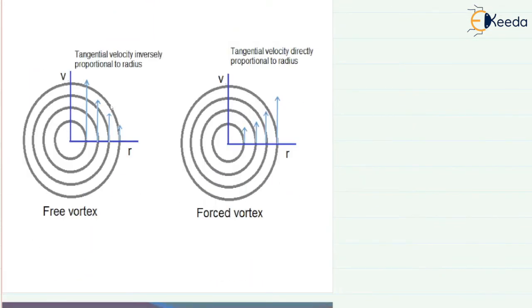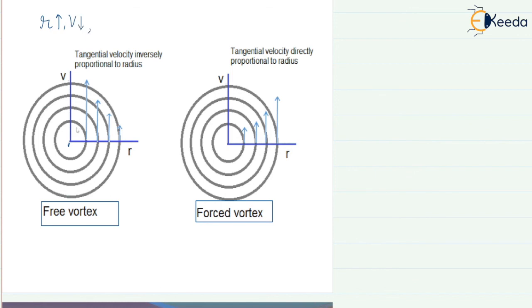Look at this, a very good explanation of the relation between radius and velocity in free vortex and forced vortex. If you take the free vortex flow, and this is the center, then if you are away from the center, your velocity is low. If radius is large, then your velocity will be less.